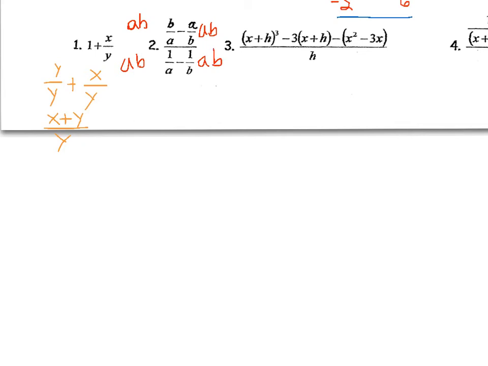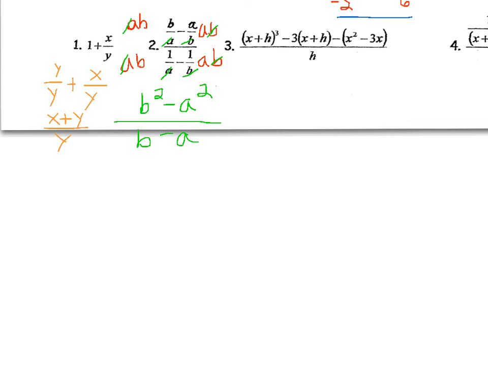So in the numerator, in the first term, the a's will cancel and we'll have b squared. In the second term, the b's will cancel and we'll have a squared. So we have b squared minus a squared. In the denominator, the a's will cancel, so we'll just have a b. And the b's will cancel, so we'll just have an a.